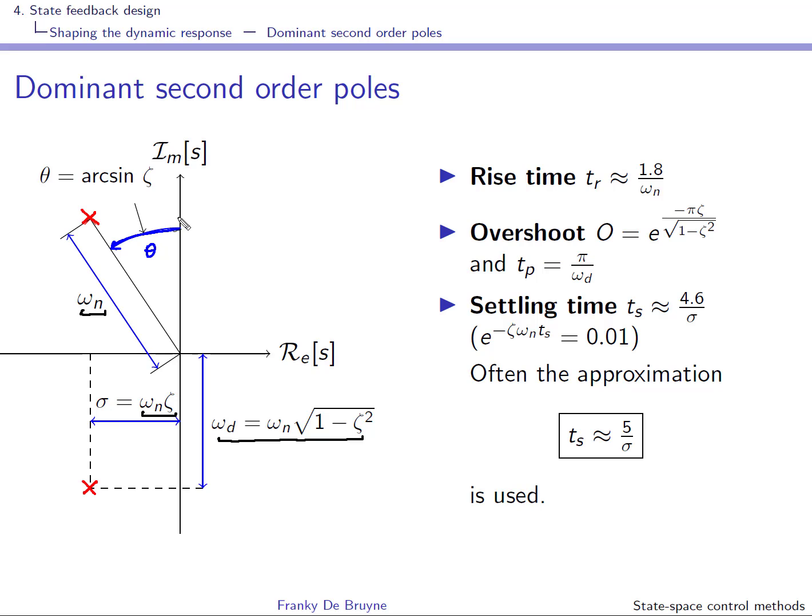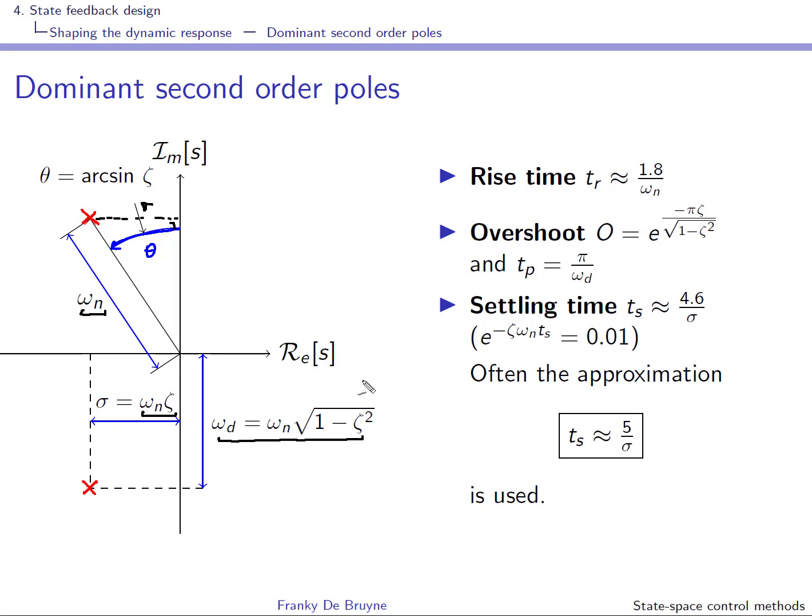You can see that this is indeed consistent, because if you're working in this right angled triangle, you see that this distance here, sigma, is indeed omega n times the sine of theta, the sine of the arc sine of zeta, so you'll have omega n times zeta. So everything is consistent in here.